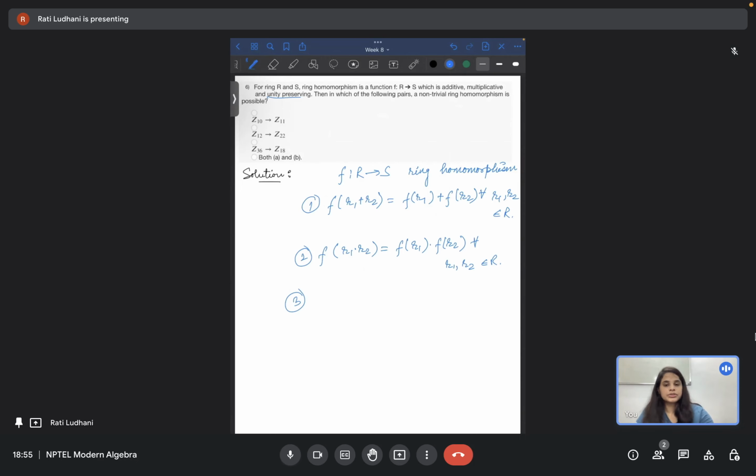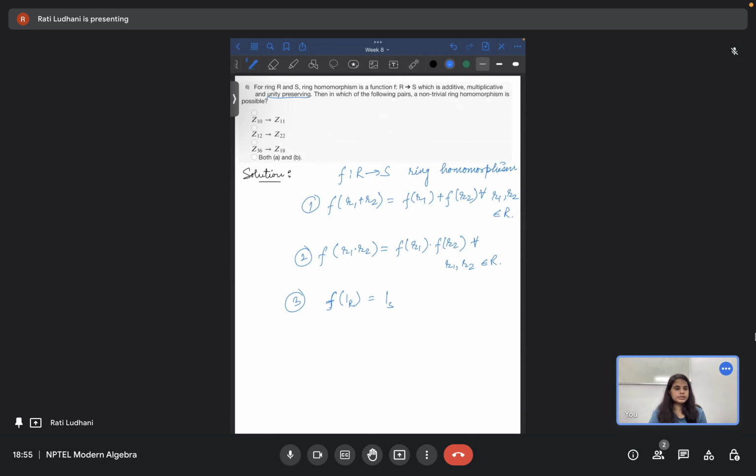Unity preserving, that means the identity of R should map to the identity of S. This is not something we always enforce in a ring homomorphism, but here it is given that this preserves unity.